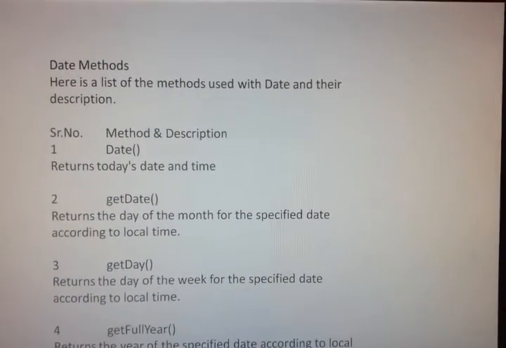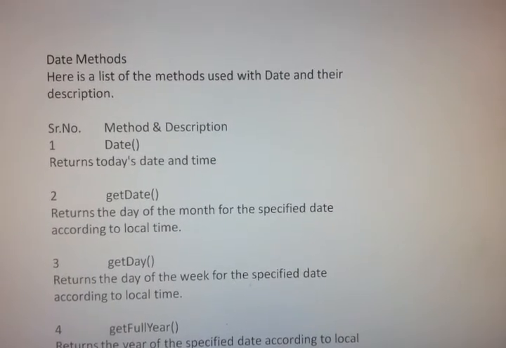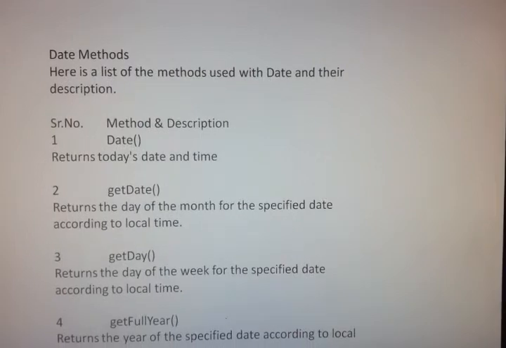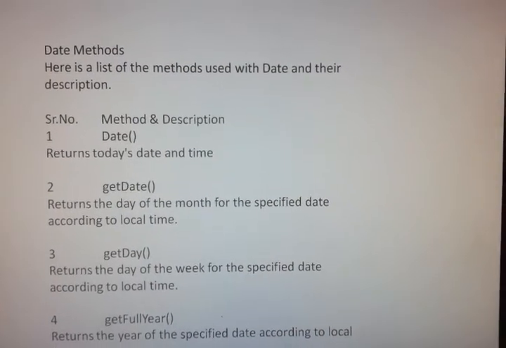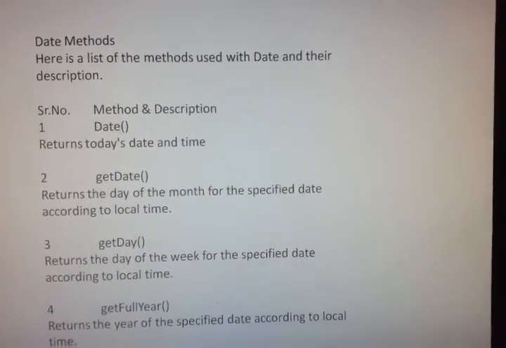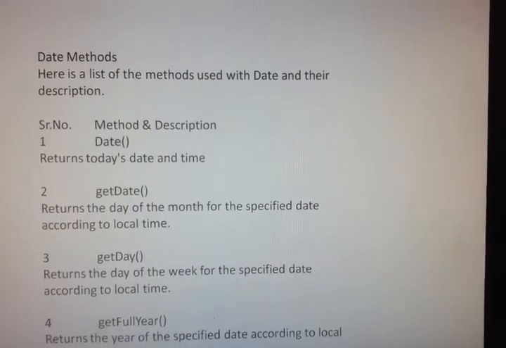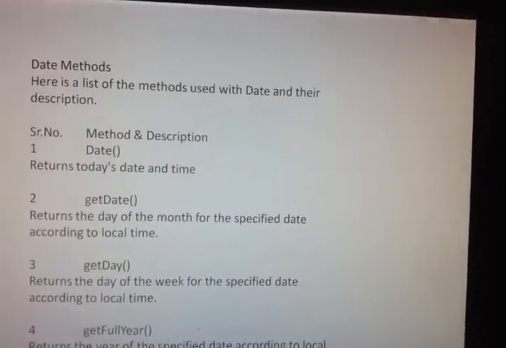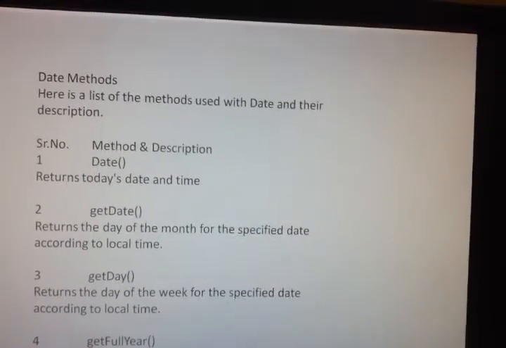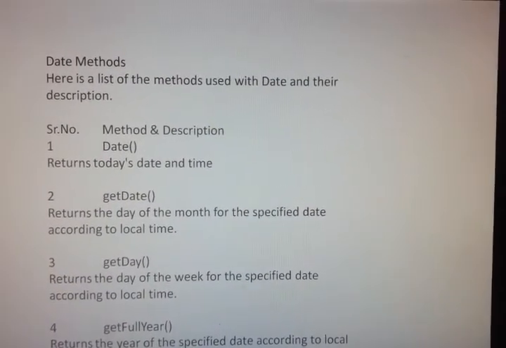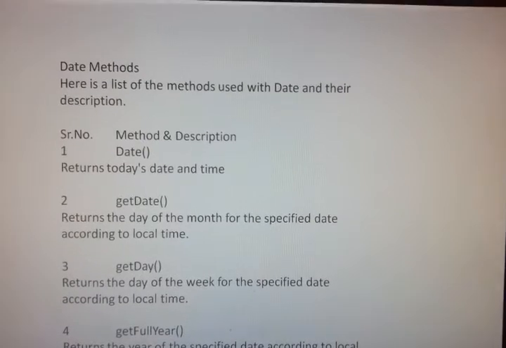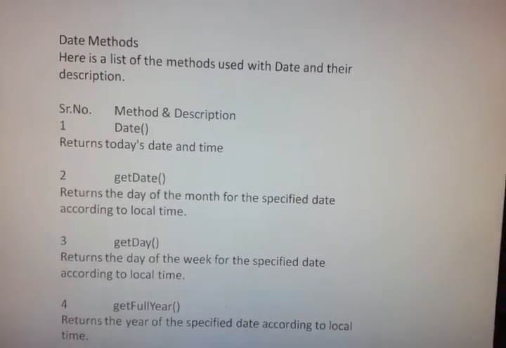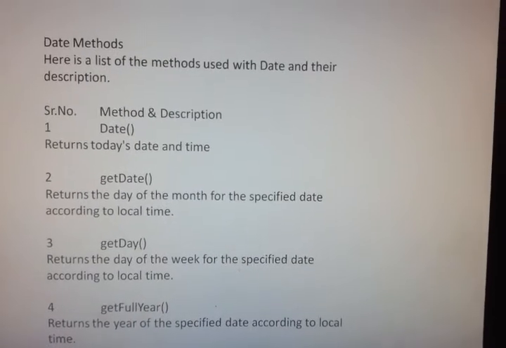Here is a list of the methods used with date and their descriptions. There are many date methods. We have two major kinds: get methods and set methods. We will see each description one by one. Later on we will write programs using those date methods.